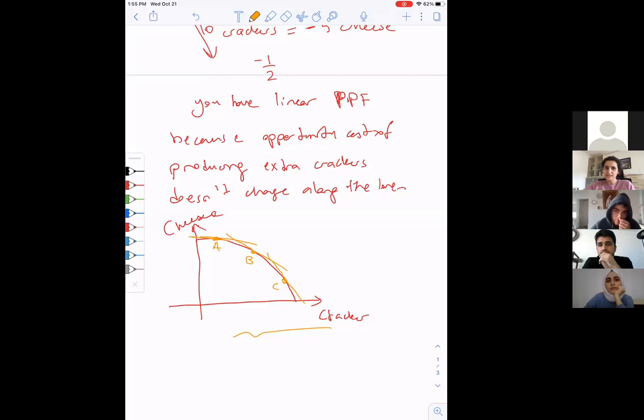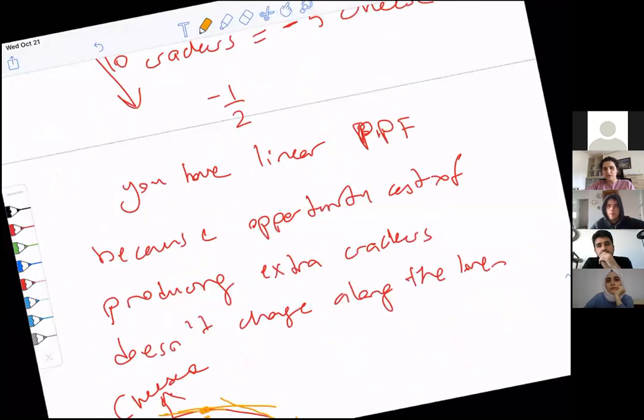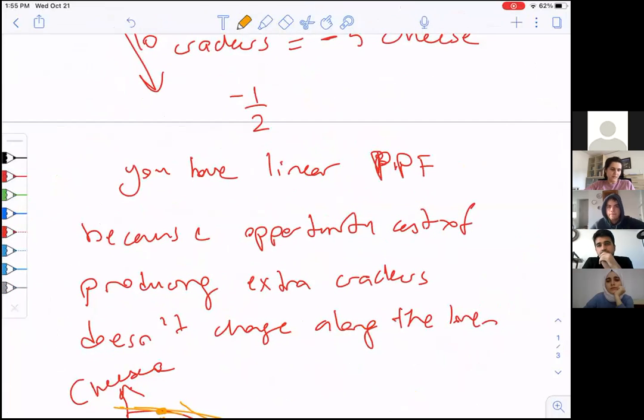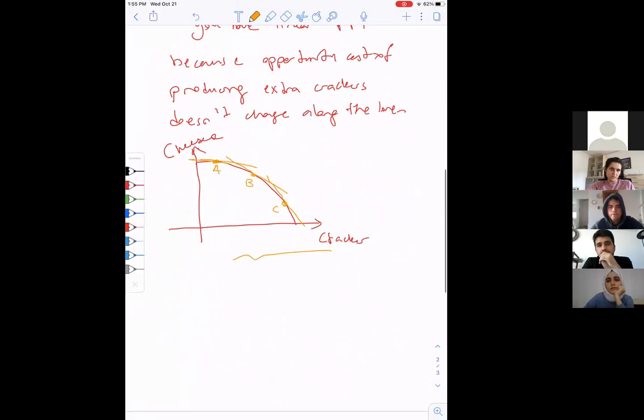No, it is again the same thing, right? You are going to look at it the other way around. So you will have cracker on the y-axis, cheese on the x-axis. Now at point C, you have a lower amount of cheese and a higher amount of cracker.